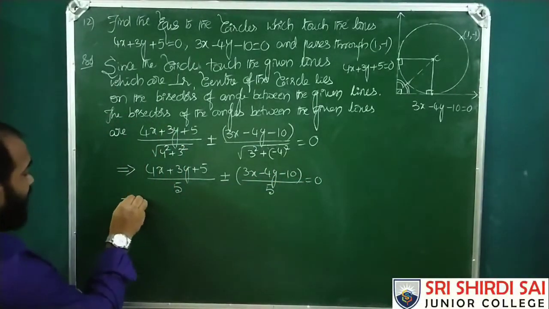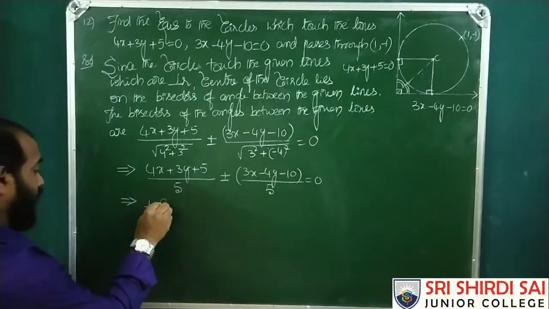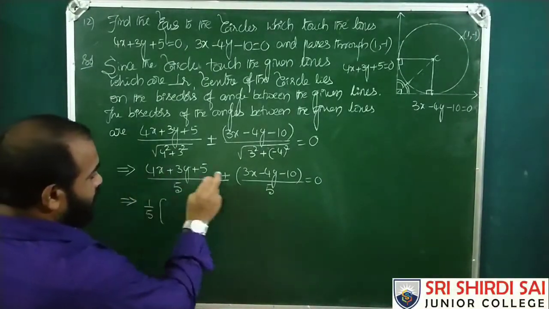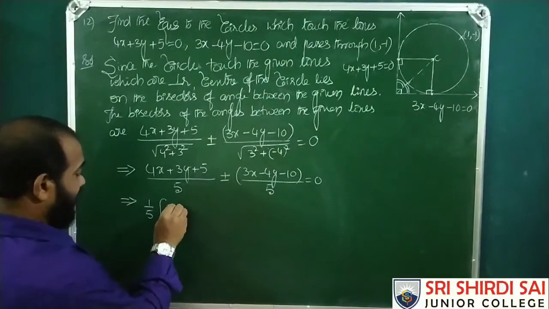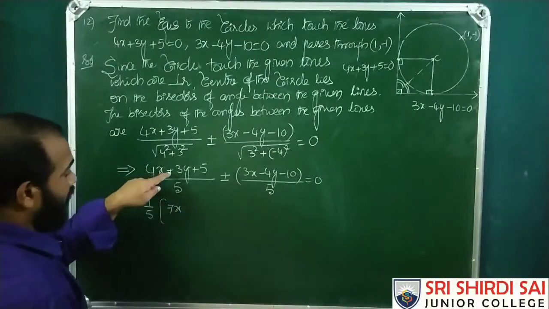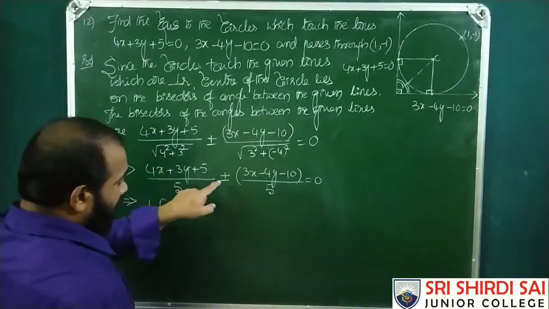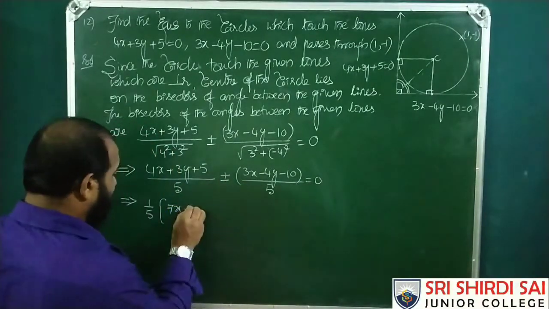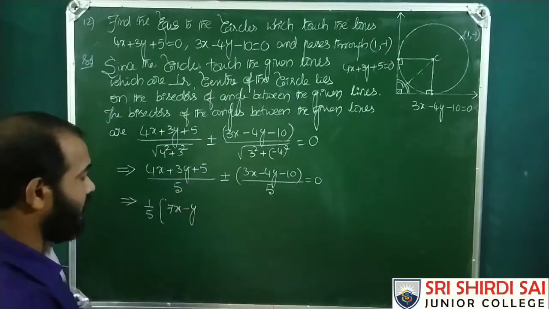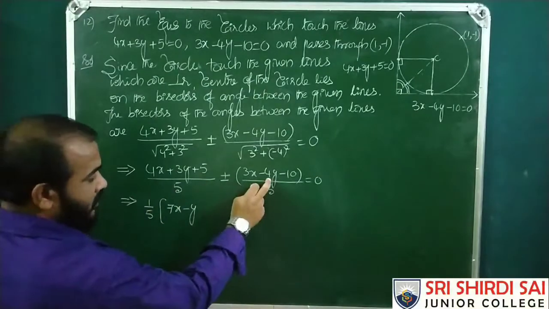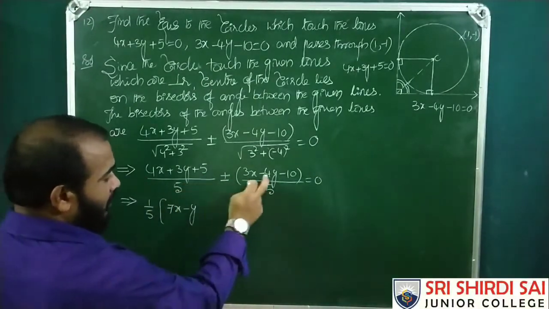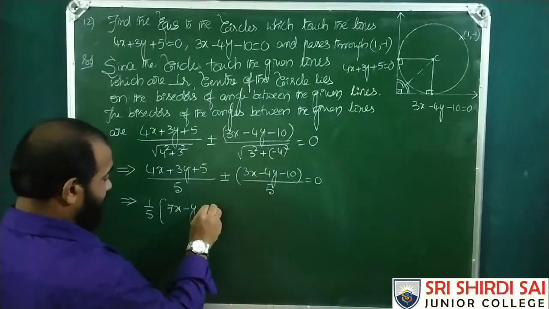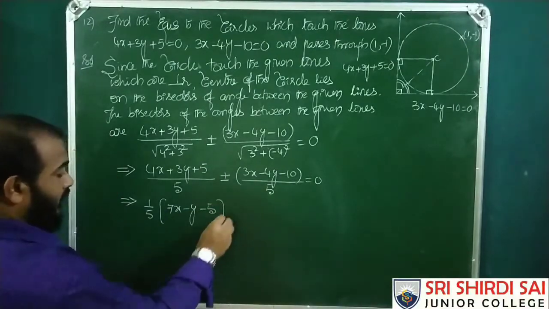If you take 5 as the LCM, so 1 by 5 into, 4x plus 3x, 7x, 3y minus 4y, minus y, 5 minus 10, minus 5 equals 0.